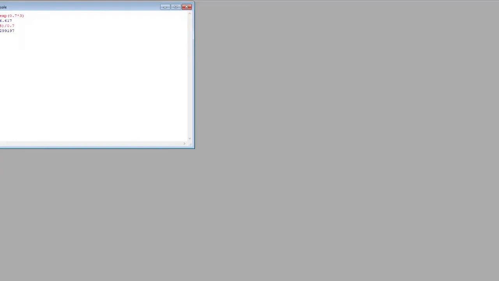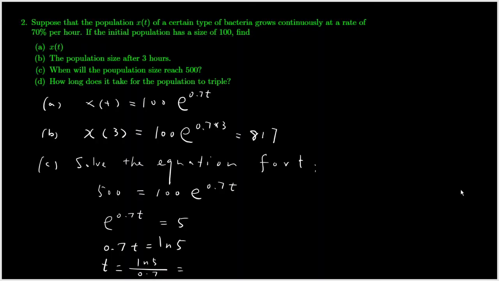If we round the number to 1 decimal place, it's 2.3. So the population size, for question C, will reach 500 after 2.3 hours.